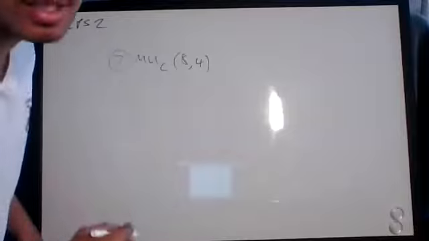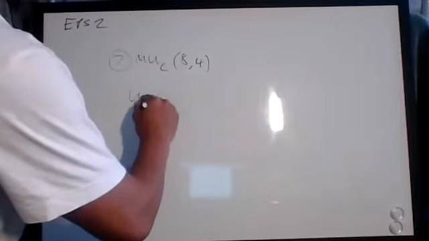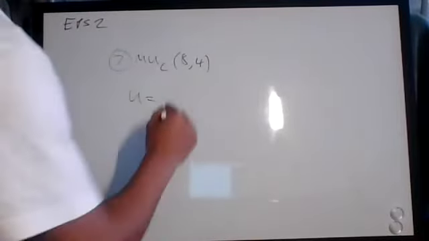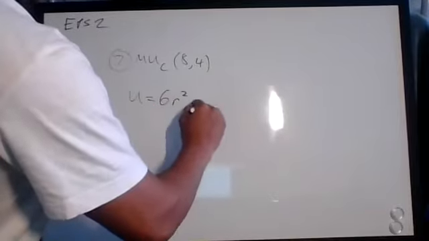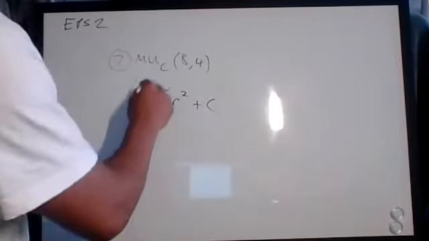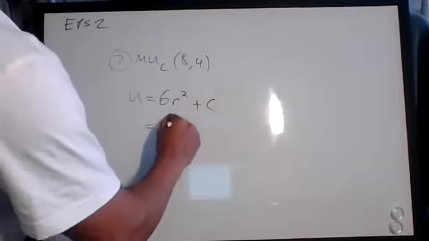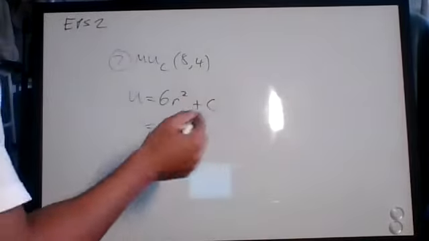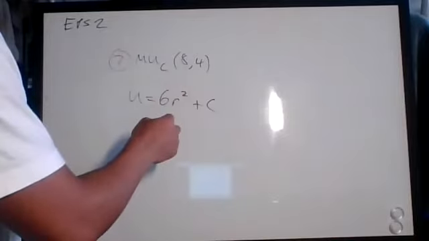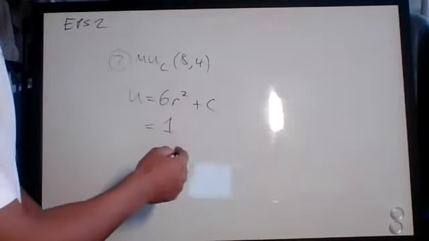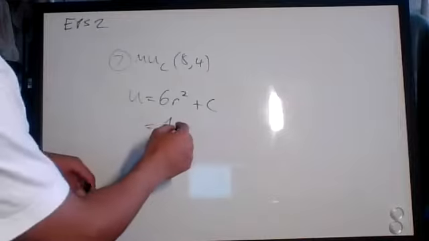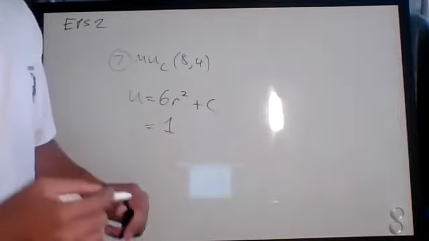So we first have to look at utility, and utility is equal to 6r squared plus c. If I take the marginal utility with respect to chicken, I'm just going to get 1. You notice my marginal utility is only 1, and there are no variables in there.